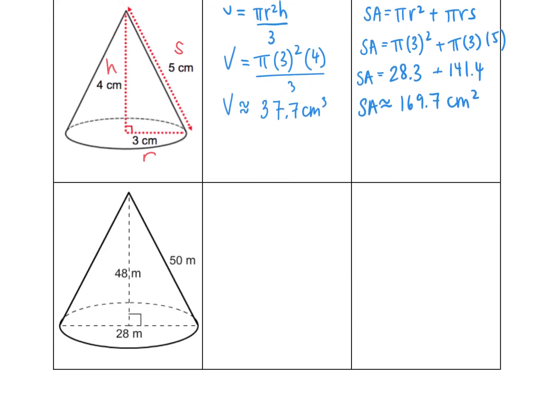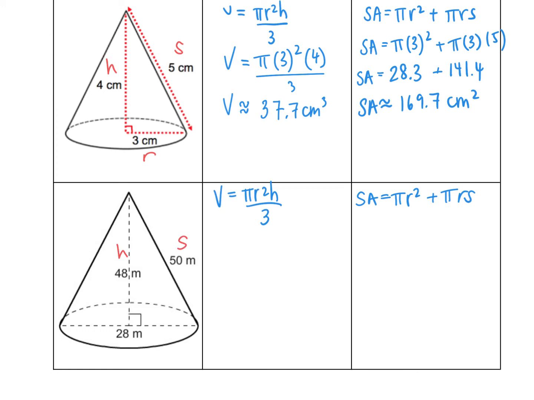All right, let's try one more example here. I'm going to write our general formulas so that they are ready to go. Now, one thing I'm going to say when we're labeling everything, the 48 is the height, the 50 is the slant height, the 28 is not the radius.